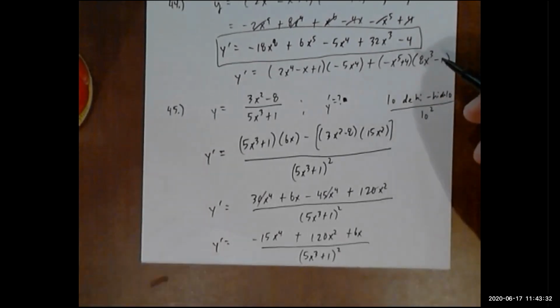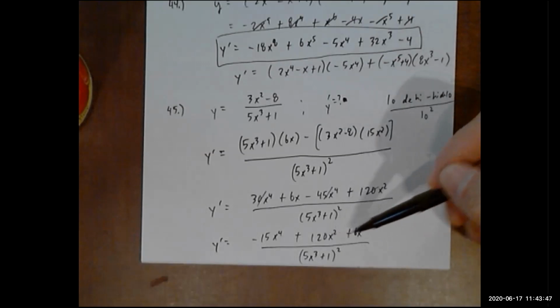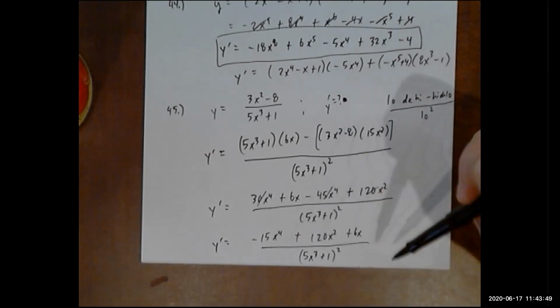Now, here's where it gets sort of interesting because, for instance, in the top, I could factor out an x, but it's not really going to cancel or buy me anything. I'm pretty sure this thing doesn't really factor. I think I'm probably sort of done. At least I'm going to hope so.